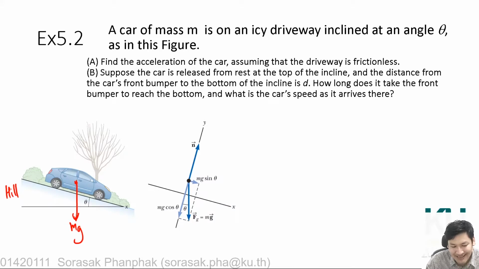Only the force acting on this car is its own weight, mg. Since mg is in this direction, when you try to break the components of mg, you see the mg is here. If the incline is on this part, you can have the component parallel to the inclination plane and the component perpendicular to that inclination plane. So that can be like this component and this component.